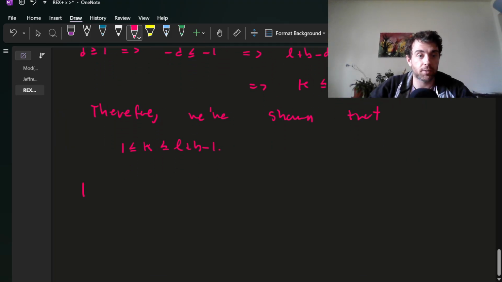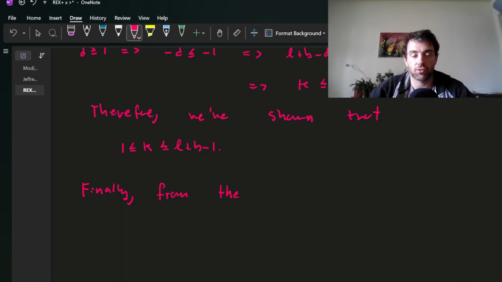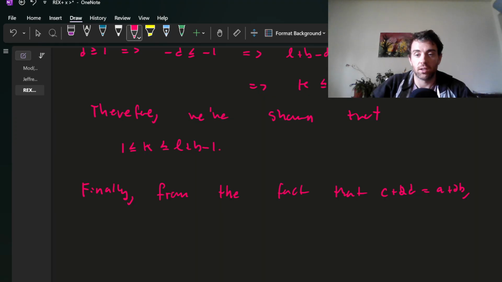So finally, from the fact that C plus 2D is equal to A plus 2B, we have, well, how do we write this?